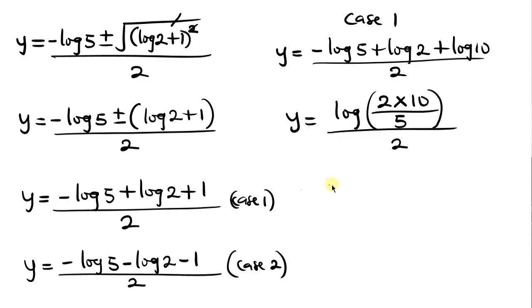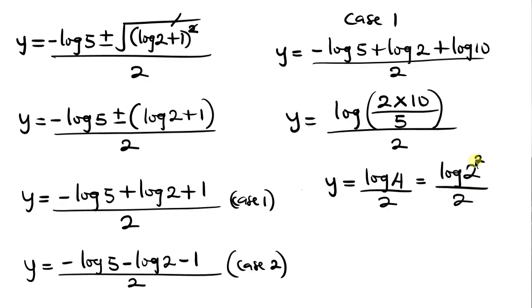So this becomes y equal to log 2 times 10 is 20. So 20 divided by 5 is 4. So this becomes log 4 over 2, which simplifies into log, well, 4 is the same thing as 2 to the 2, which is 2 squared, all over 2.